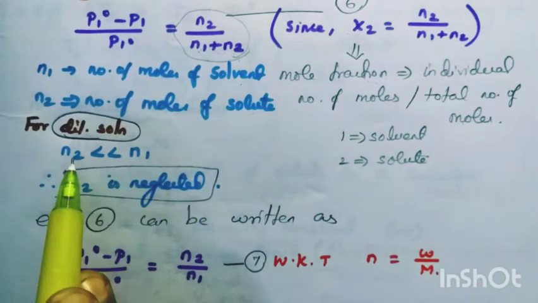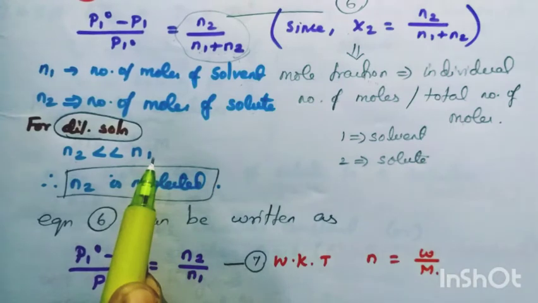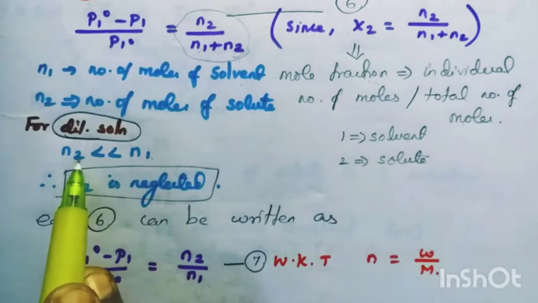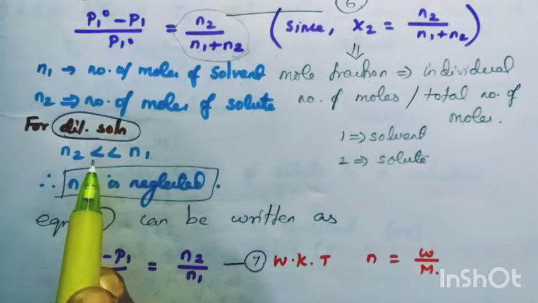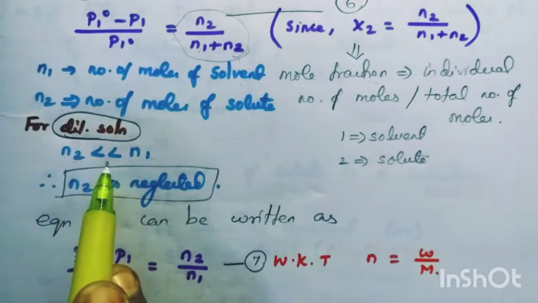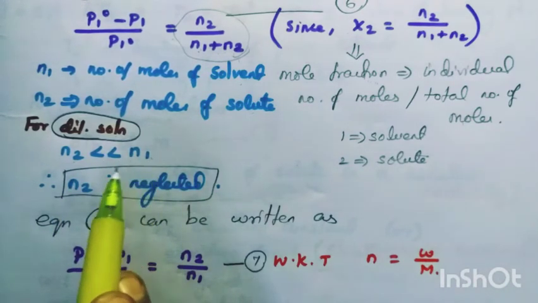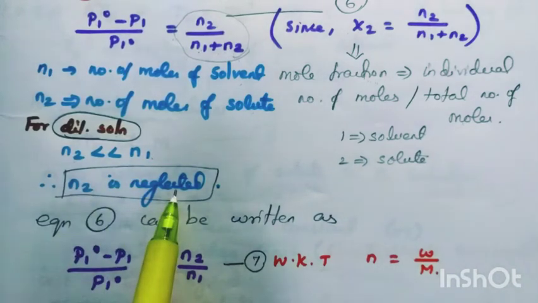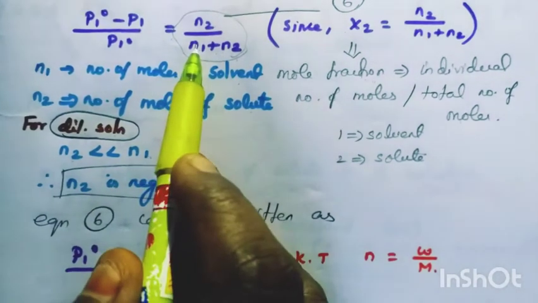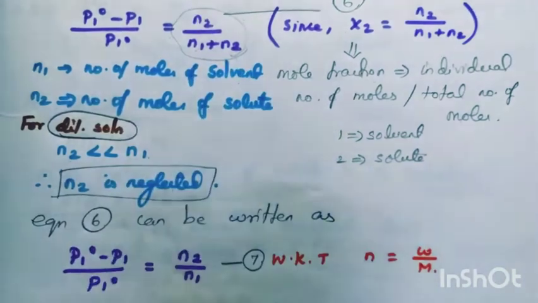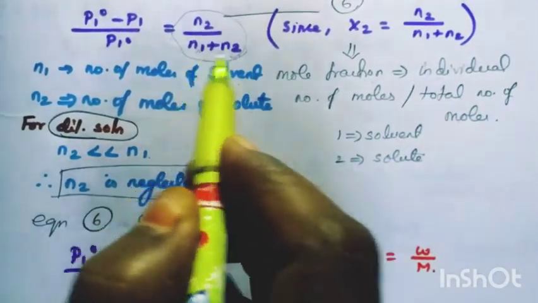For a dilute solution, n2 is always much less than n1. Dilute means only a small amount of solute is added, no? So compared to n1, n2 is neglected.